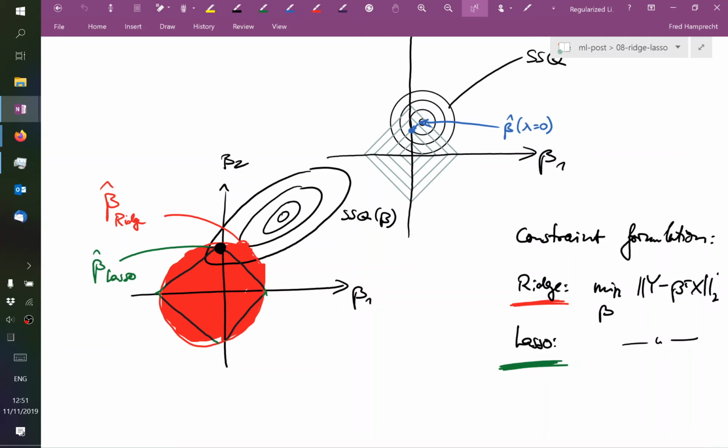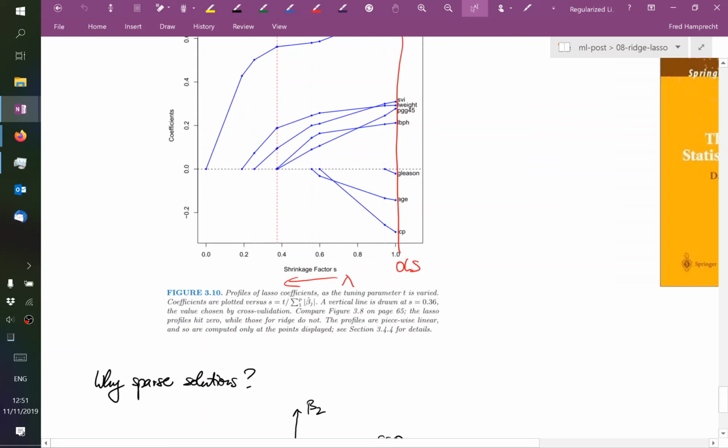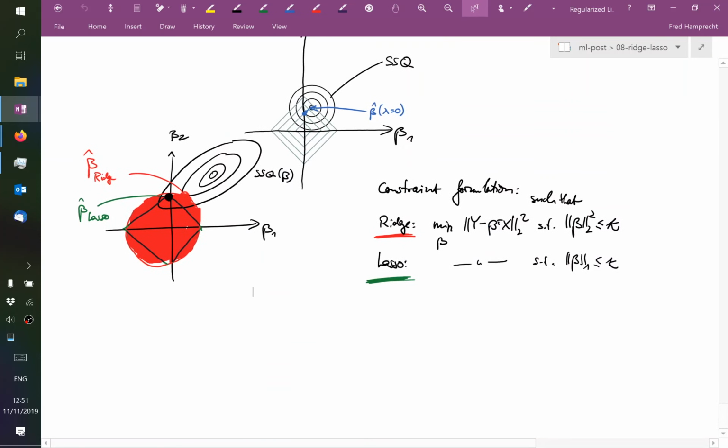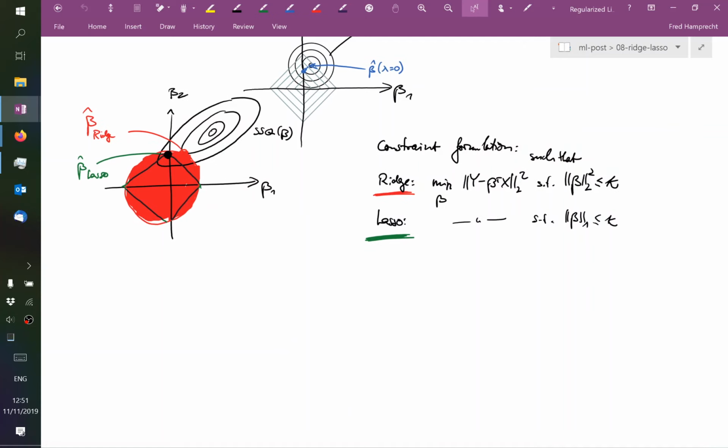So why this sparsity, or why do I get a single solution? Let me draw a final picture for you, and then I'm done with these pictures that are practically always showing the same thing.